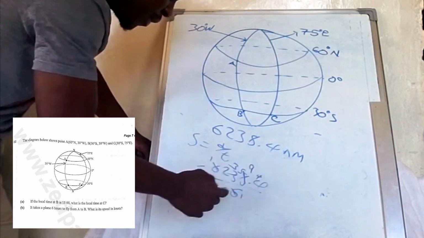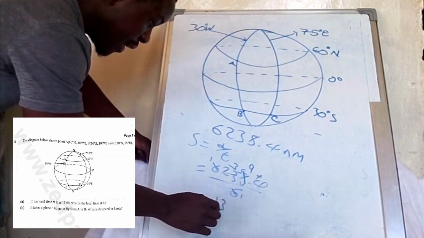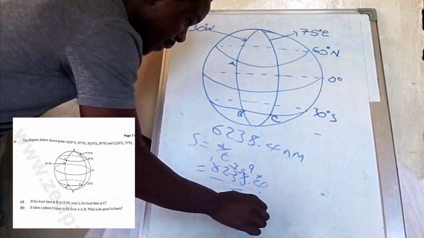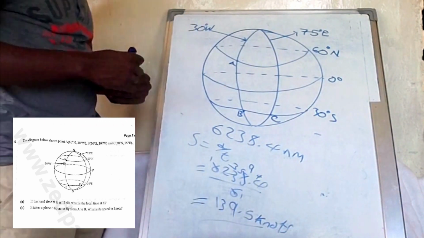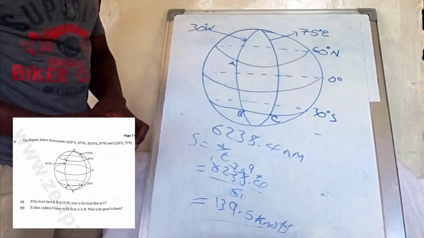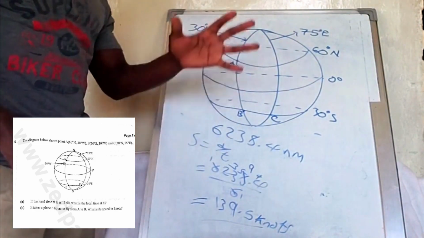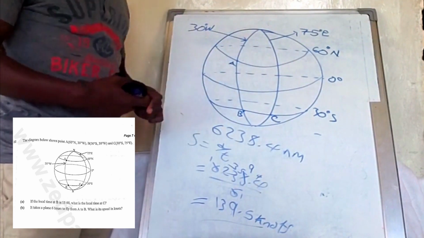Okay, so maybe we can just round this off to 139.5 knots. And this is a rounded off answer, so you can counter check to look for where we might have made errors in our calculations. But generally, this is a general idea that we use to tackle such questions.